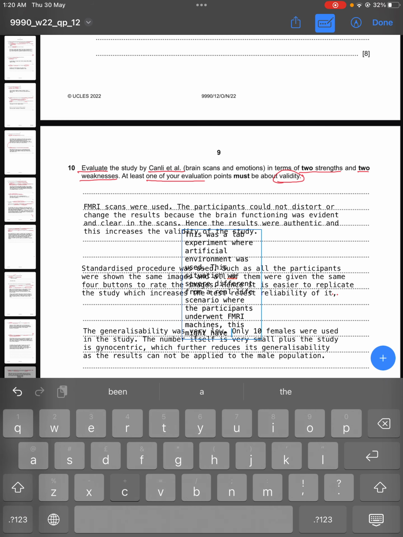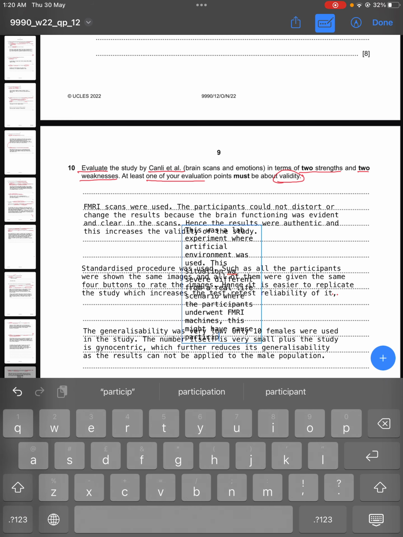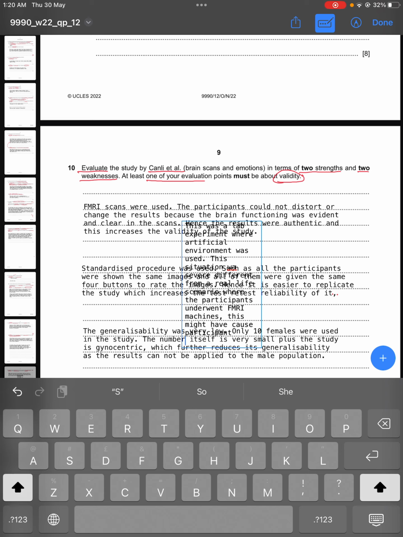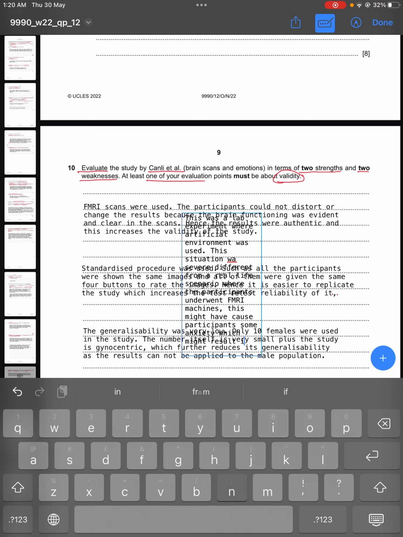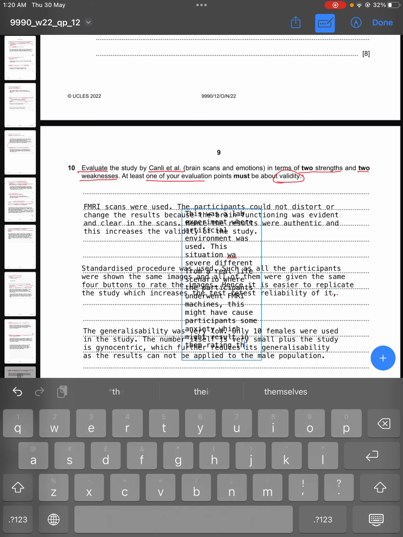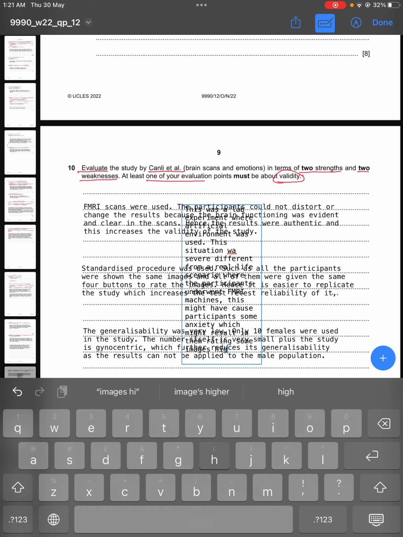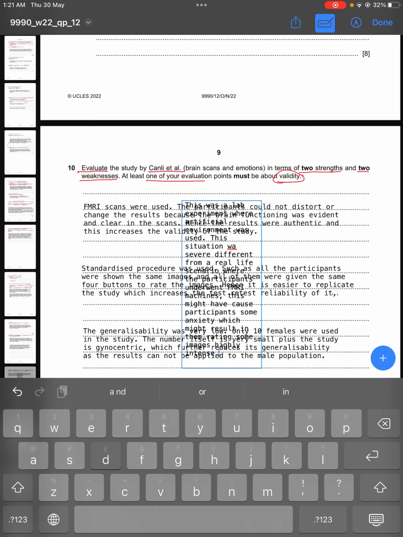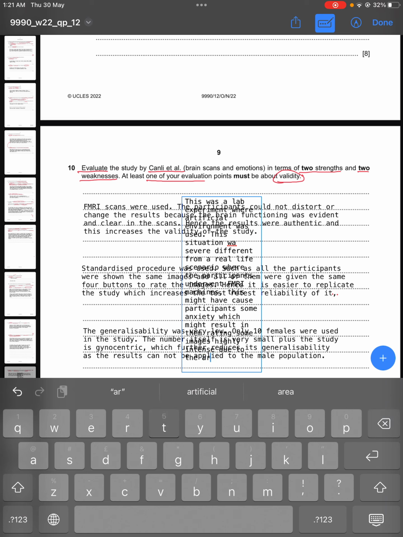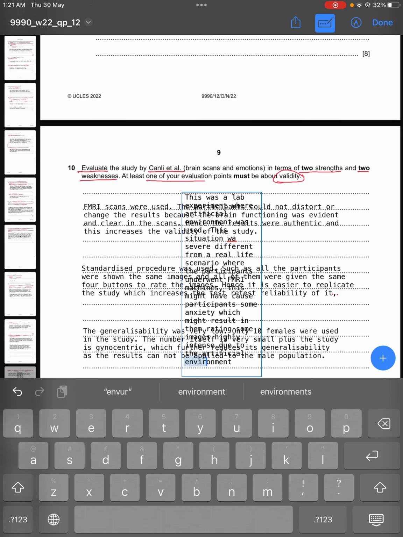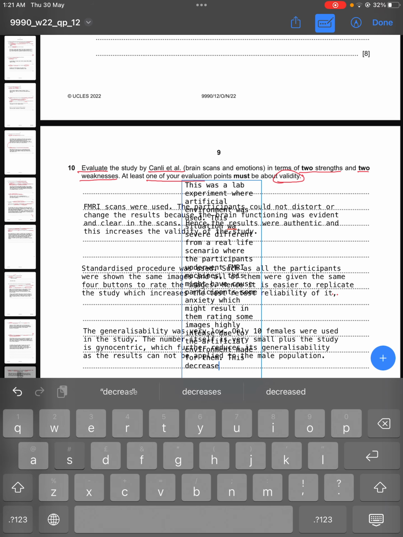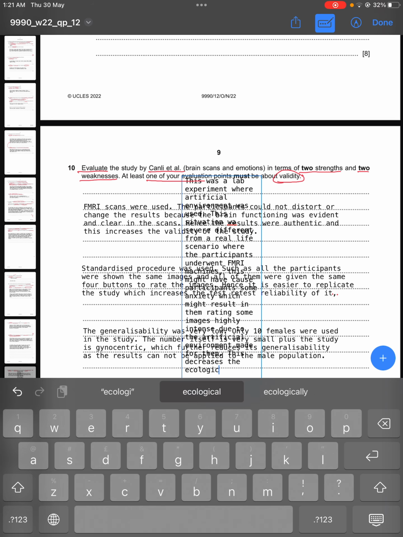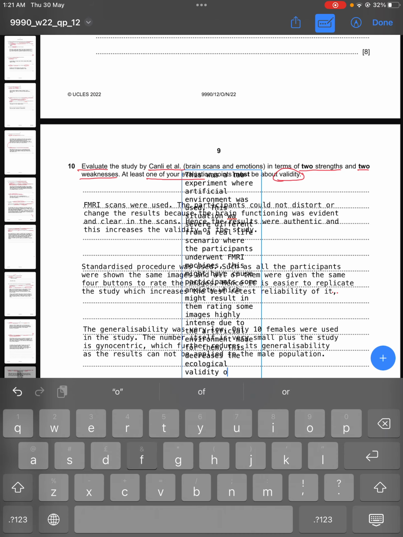This might have caused participants some anxiety which might result in them rating some images highly intense due to the artificial environment made for them. This decreases the ecological validity of the study.